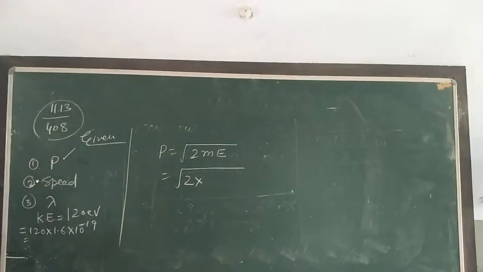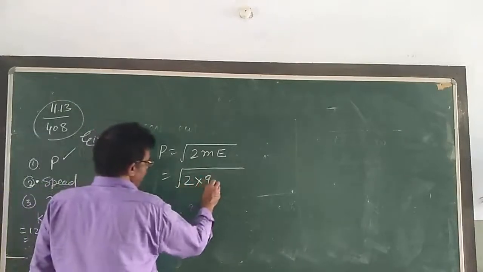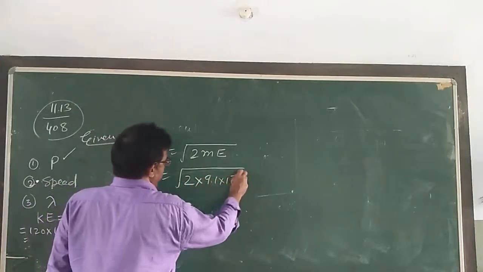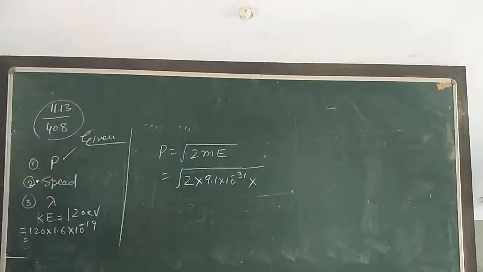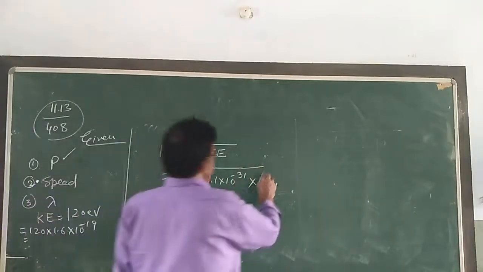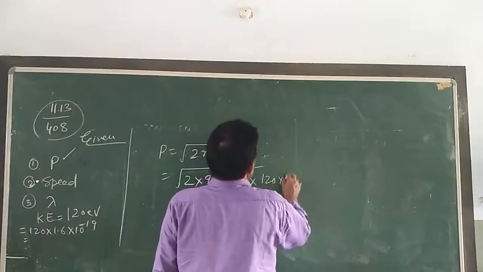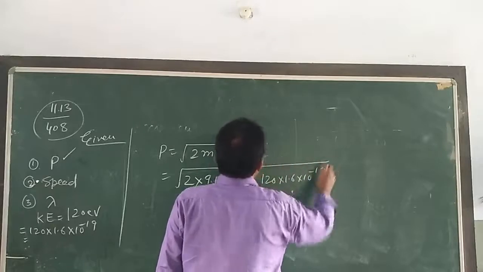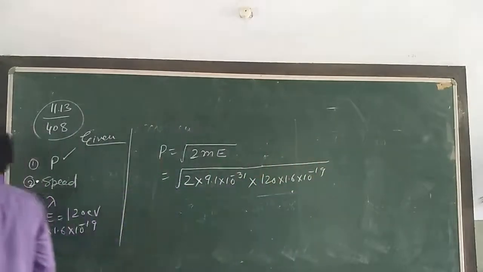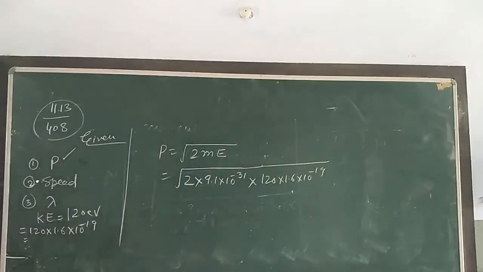Here you can write 9.1 into 10 raised to the power minus 31 into E. That is 120 into 1.6 into 10 raised to the power minus 19. Here. Solve this. What are you getting?